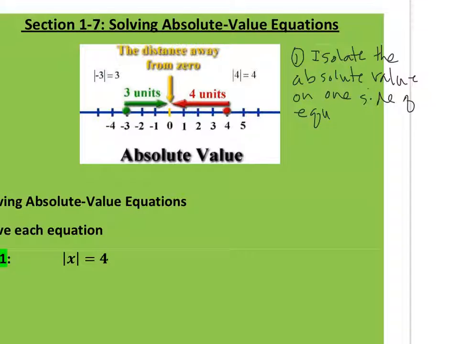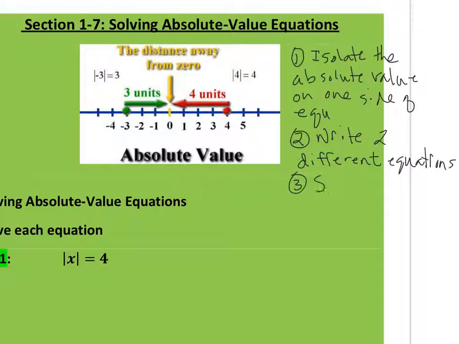So that's number 1. And then number 2, once you isolate that absolute value, then you're going to write 2 different equations. And I'll explain that in a minute. And then the third thing is you will solve those equations.